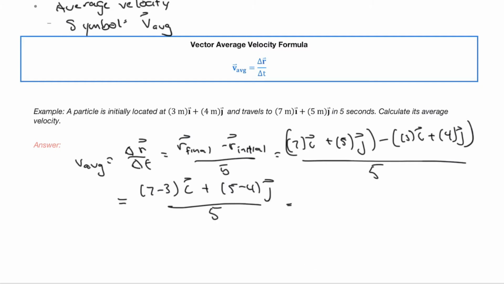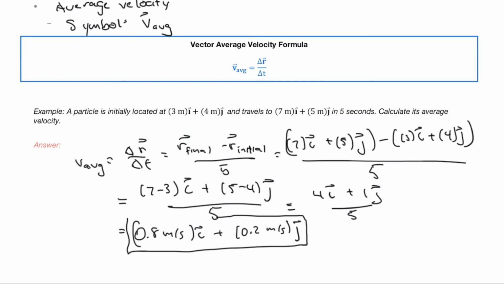This gives us 4 for the i and 1 for the j, and when we divide by our time, it works out to be 0.8 meters per second i plus 0.2 meters per second j. And as you can see, in the end, what we really did is we just found the average velocity in the x component, which was 0.8 meters per second, and the average velocity in the y component, which was 0.2 meters per second, and we wrote them together in a vector using our component notation.